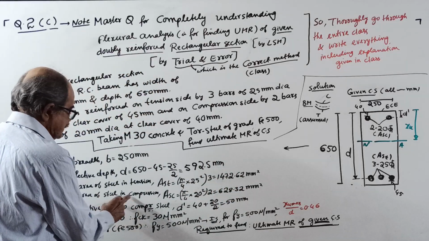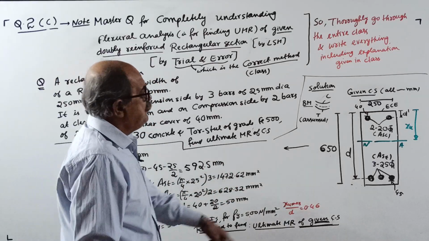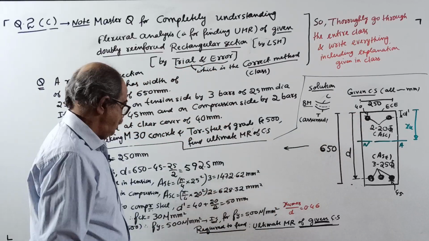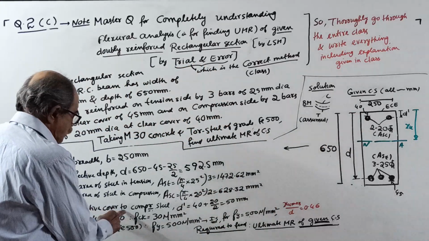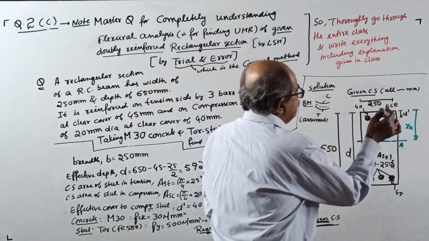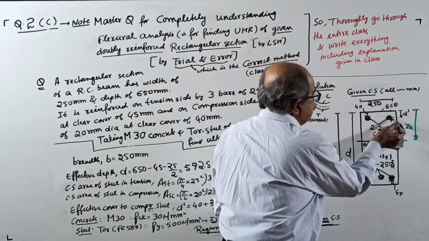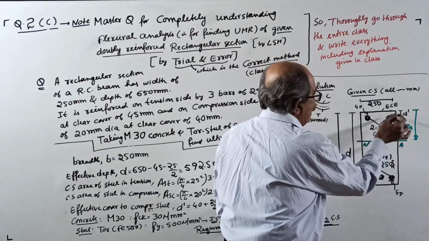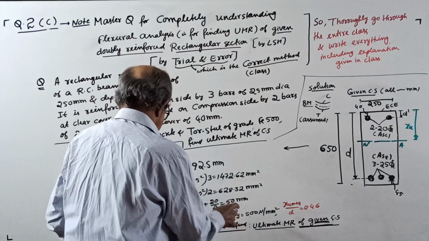Area of compression steel, cross-sectional area, pi by 4 of 20 square into 2, is 628.32 mm square. Effective cover to compression steel, from the extreme compression edge to the center of compression steel: 40 clear cover plus half of diameter 20 will give 50 millimeter.